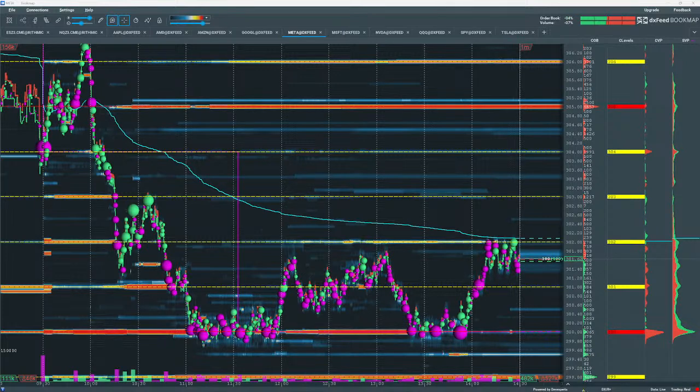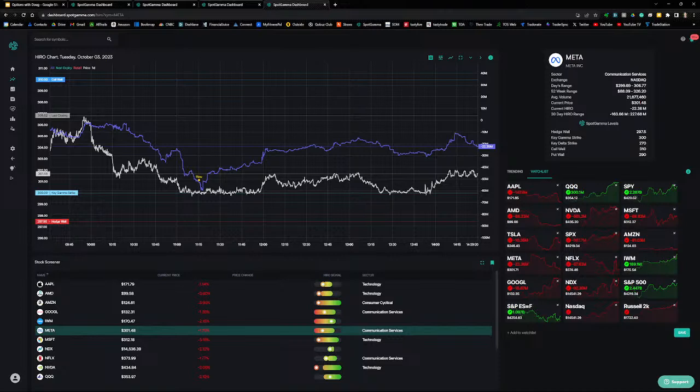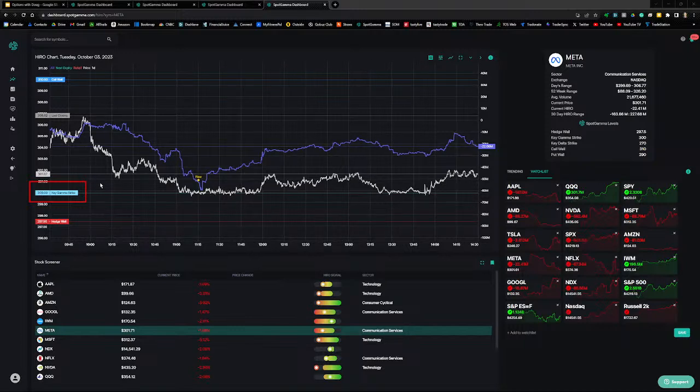Let's go to Hero. And for Meta, 300 is the key gamma strike. So Meta is finding support at the 300 gamma strike as traders start to sell puts and buy calls at that level.